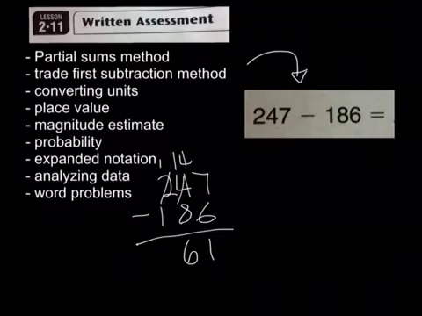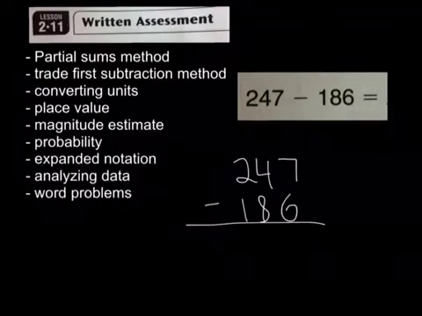This is the traditional way, but when we do the trade first, we actually do all of this beforehand, and it looks like this. Here we don't have to borrow anything for the 7, because the 7 has enough to take the 6 away. So that would be 1.